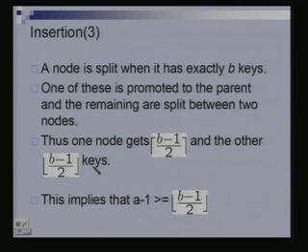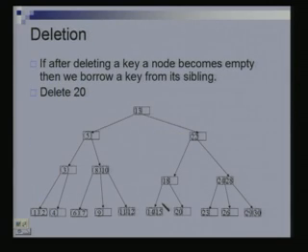But after the split, these two nodes are valid nodes of the tree. So it must be that our requirement on the minimum... one node is getting only so many keys. Right, this should be a less than, sorry. This should be at least.